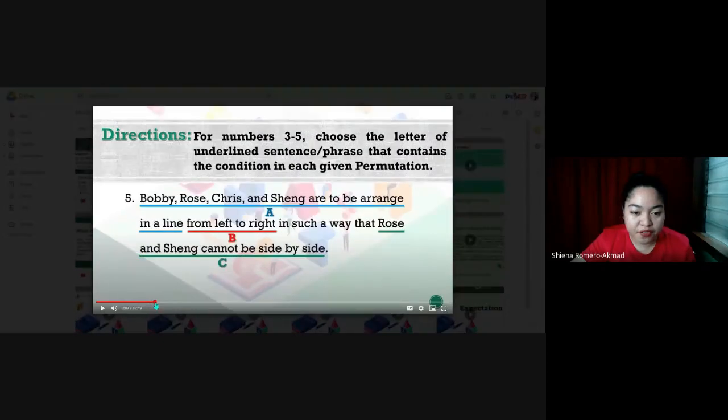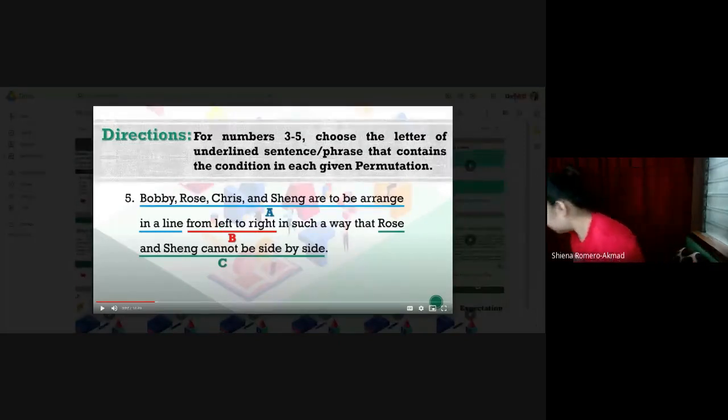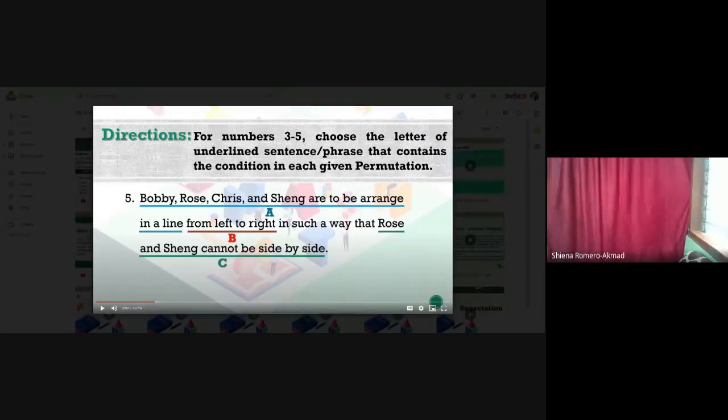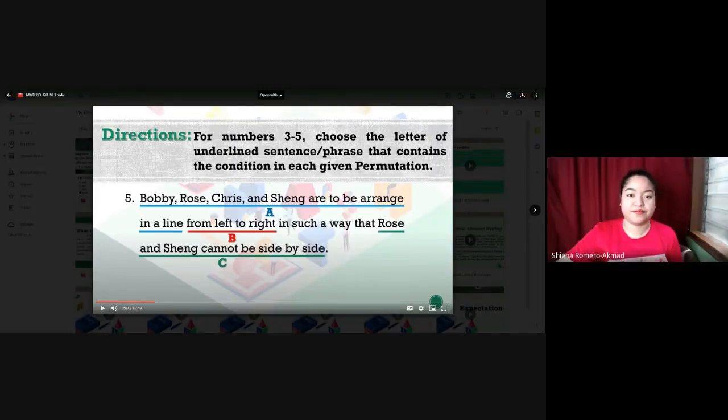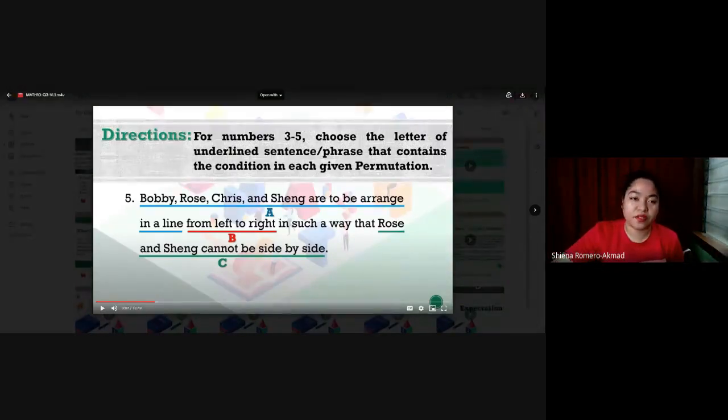How about for number 5? We have Bobby, Rose, Chris, and Sheng to be arranged in a line from left to right in such a way that Rose and Sheng cannot be side by side. Yes, what is the answer?